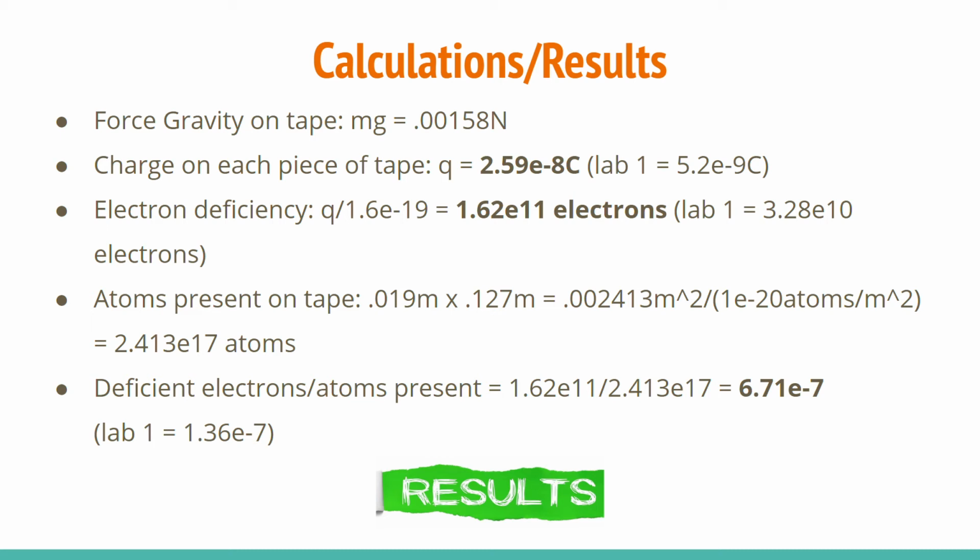And we also saw that our ratio of deficient electrons to atoms present was about 6.71 times 10 to the negative 7th, compared to Lab 1, where it was 1.36 times 10 to the negative 7th. So we can see that by using this computational model, instead of just using the basic Coulomb's law, our results differ by almost an order of magnitude in every aspect, meaning that these two processes, which feel somewhat the same, can produce drastically different results.